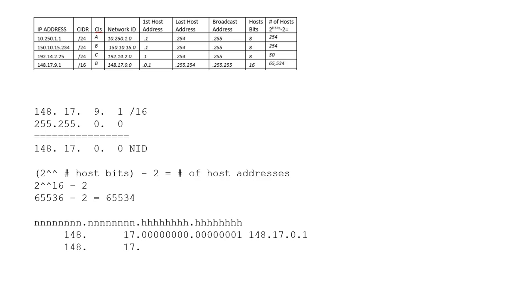I'm going to make those all 1s. So our broadcast address, because if you remember, 8 binary 1s is equivalent to 255, our broadcast address is 148.17.255.255. That's the broadcast.